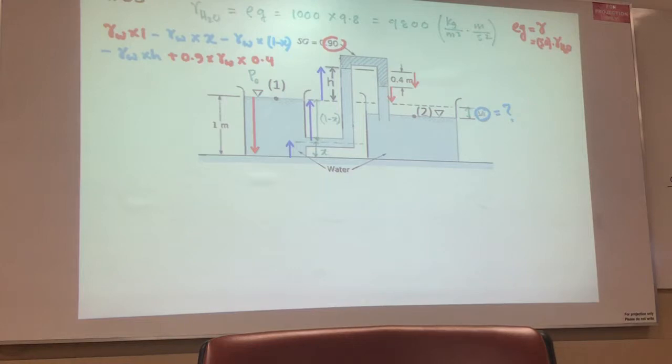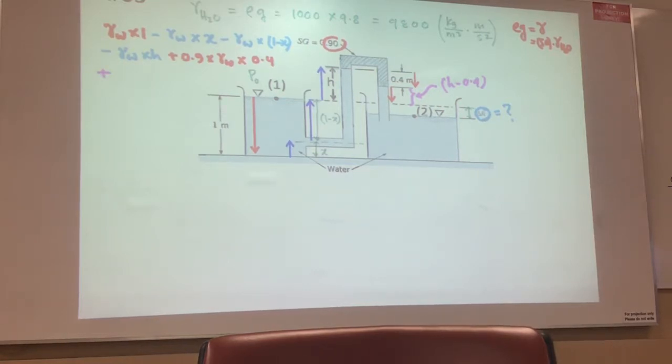Then this value, what is the distance from here to here? This distance is equivalent to h minus 0.4, correct? Yes. Then from here the distance becomes plus, right? Going downward. Fluid is water, here is water.